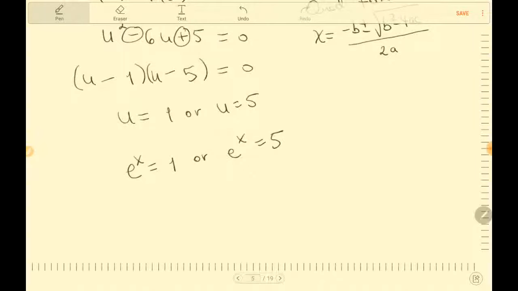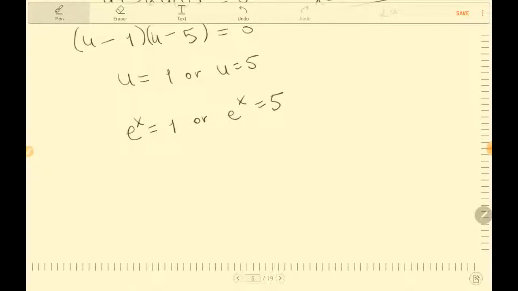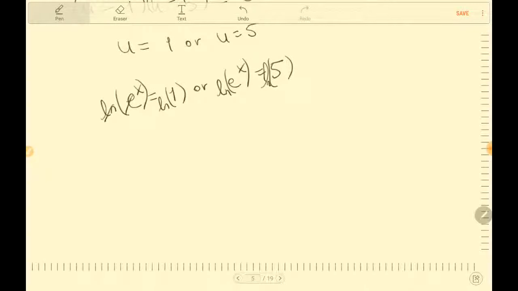And now you've got to get that x down out of the exponent again. So let's use inversion. Let's take the natural log of both sides. So what happens when we do that? We're doing it everywhere. It cancels out the e, so then x drops down.